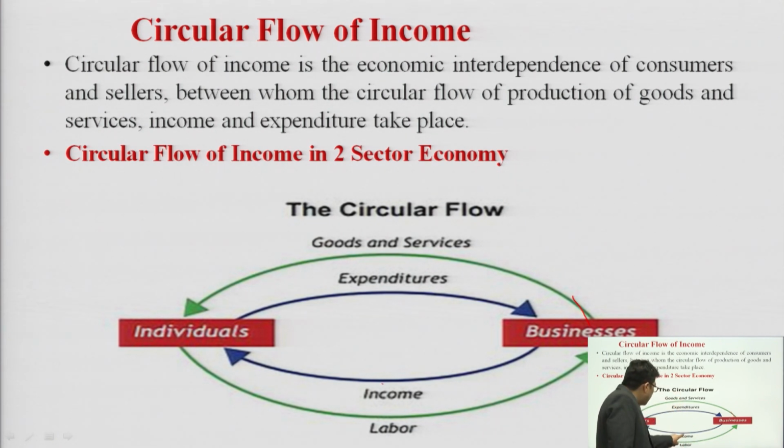Now this income is spent by individuals on various goods and services produced by them, and the income that was paid by the company is spent on various goods and services.